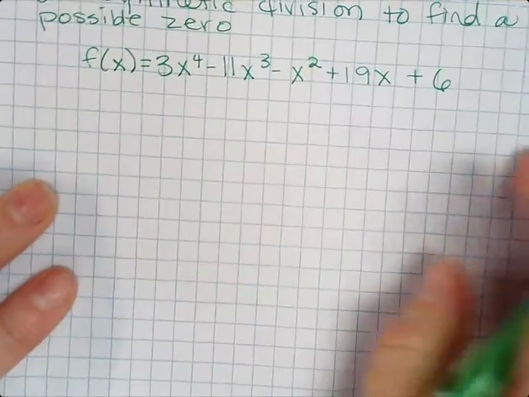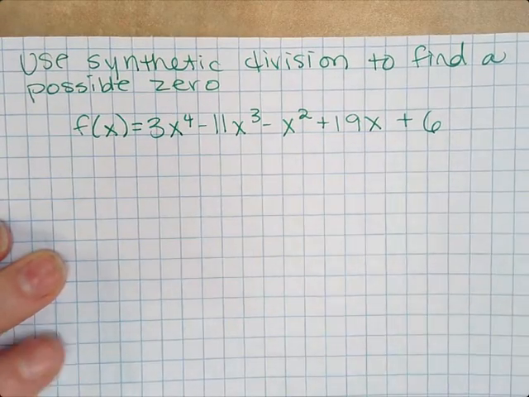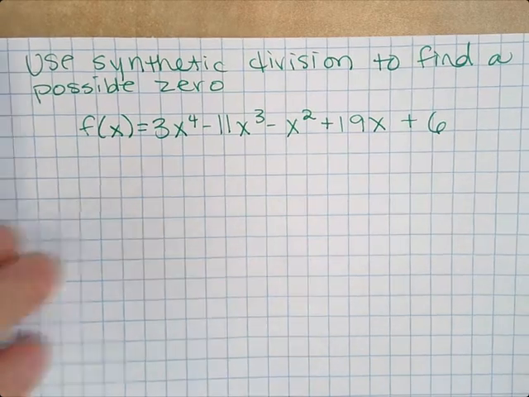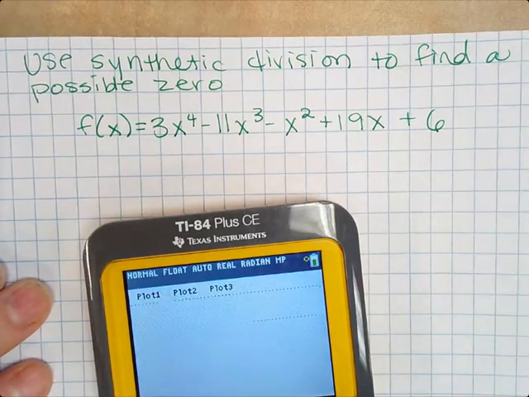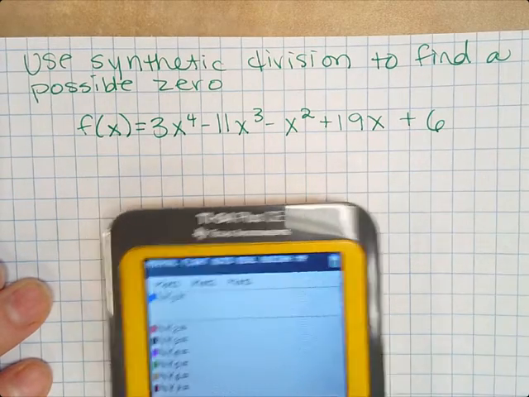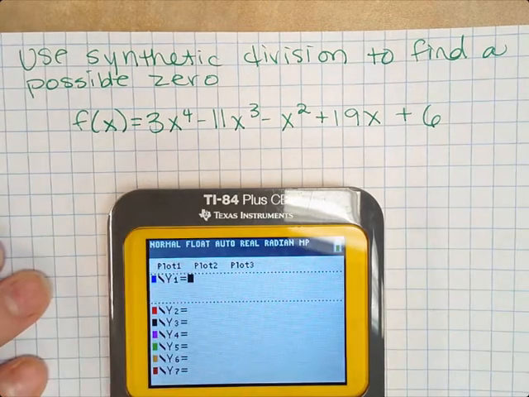So what we have to do is actually try different numbers to see which one comes out with a zero remainder. So I'm going to do a little bit of calculator pre-work to see what our actual zeros are so that we can come back to the synthetic division.